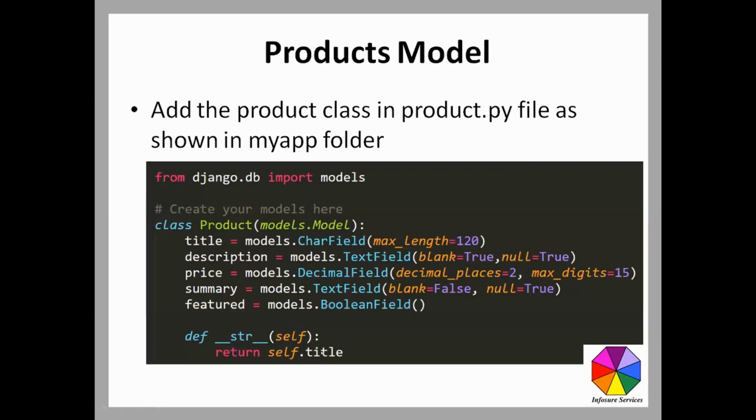So self.title. What it tells us is, whenever an object is created from this class and I read from this class, it will always show my title. That's what we are defining as the string representation of the class. This is a default method we will always have to code to show up that record.